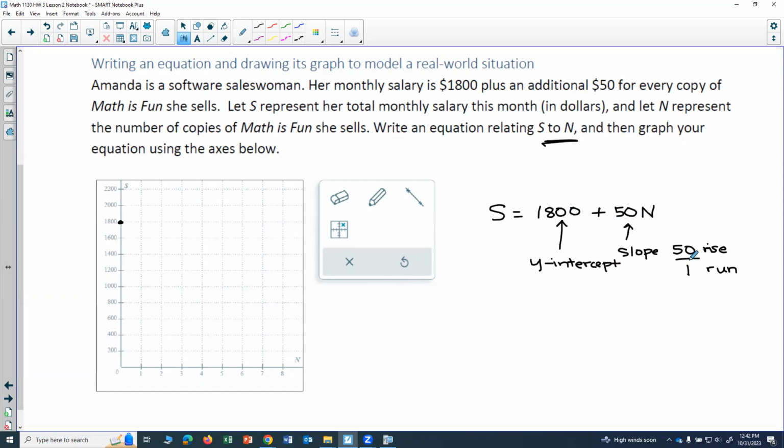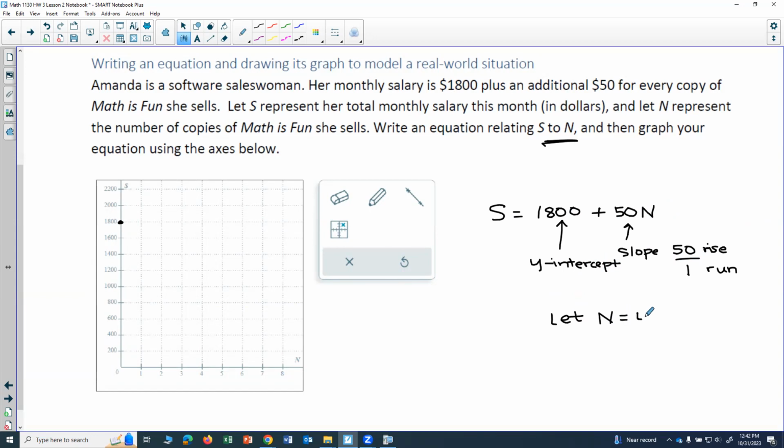Now, another thing I could do is I could just go ahead and plug in a value for N to get a second point on the graph. So for example, if I wanted to do a second point, I could let N equal 4, for example.